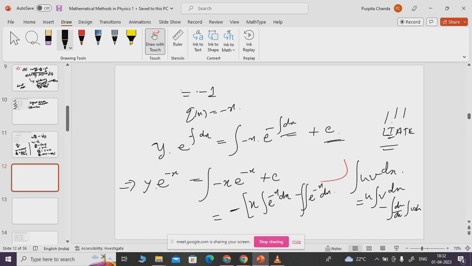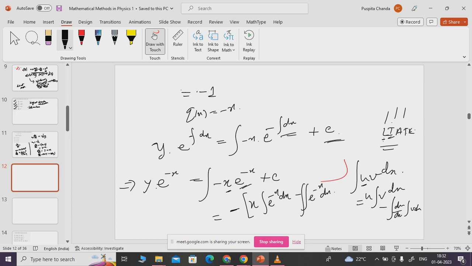Log, inverse trigonometric, algebraic, trigonometric, exponential. So how can we choose u and v? If there is a log, it should be u.